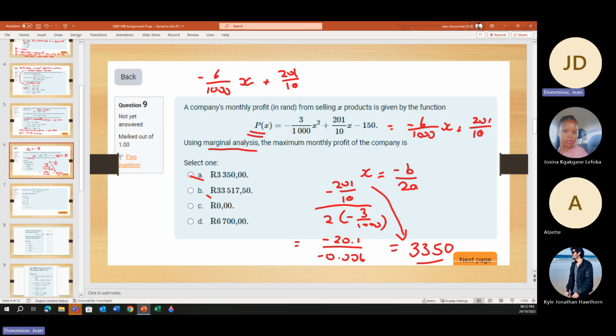Okay, so just check for me, that is the marginal revenue curve. And that then should be, if I put that in there, it also doesn't.